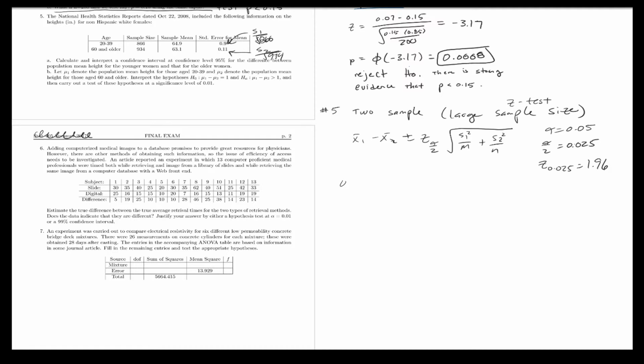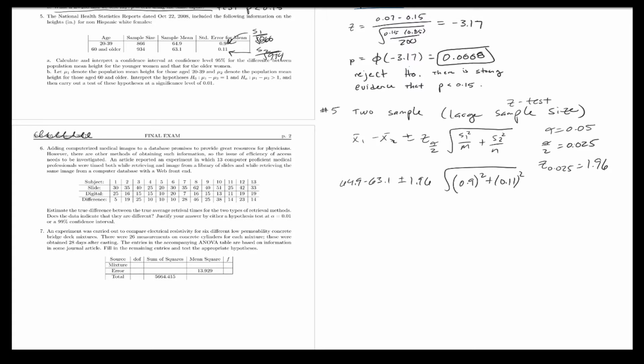So let's see, 64.9 minus 63.1 plus or minus 1.96 times the square root of 0.9 squared plus 0.11 squared. So let's go ahead and calculate that number that we're adding and subtracting from 64.9 minus 63.1.